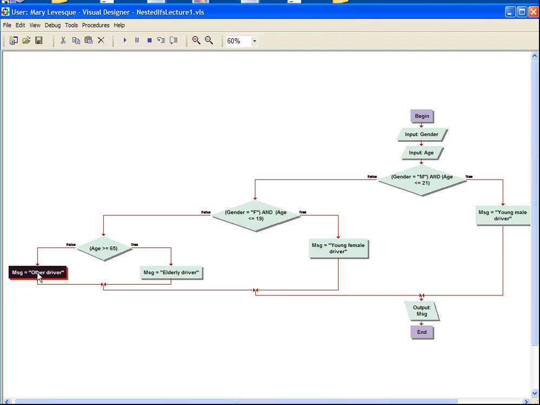On the other hand, we really can't easily determine that in this case because we have a mixture of the ages. We have 21 for one and 19 for the other. So a 20-year-old female is considered an other driver, etc.